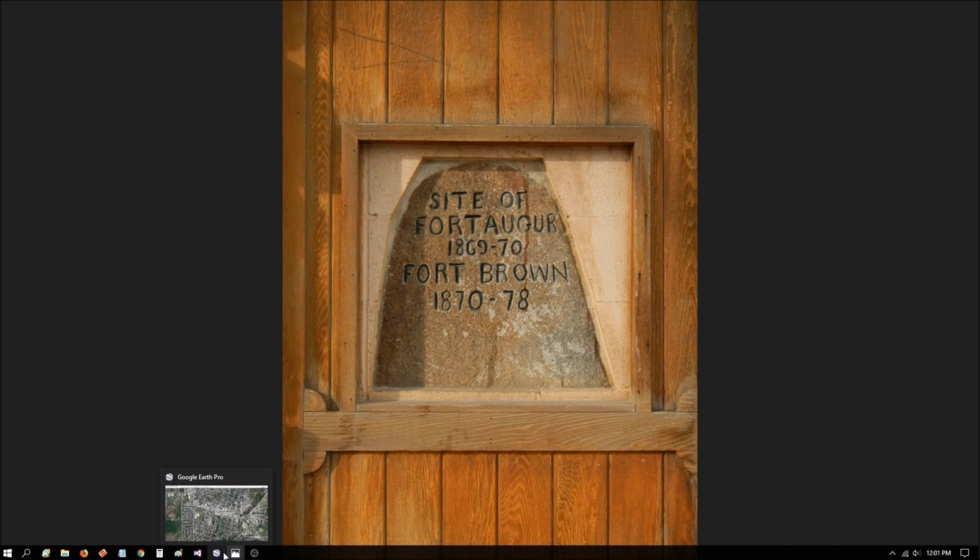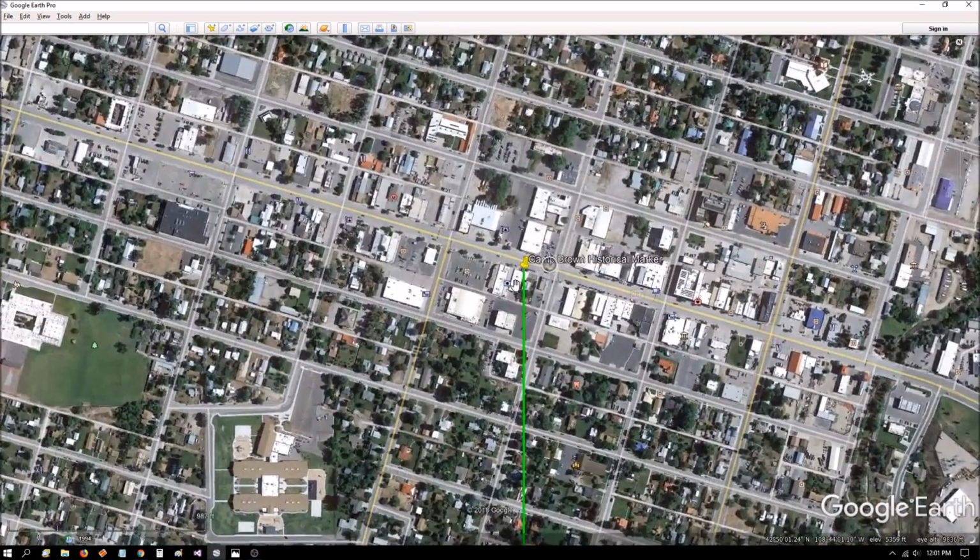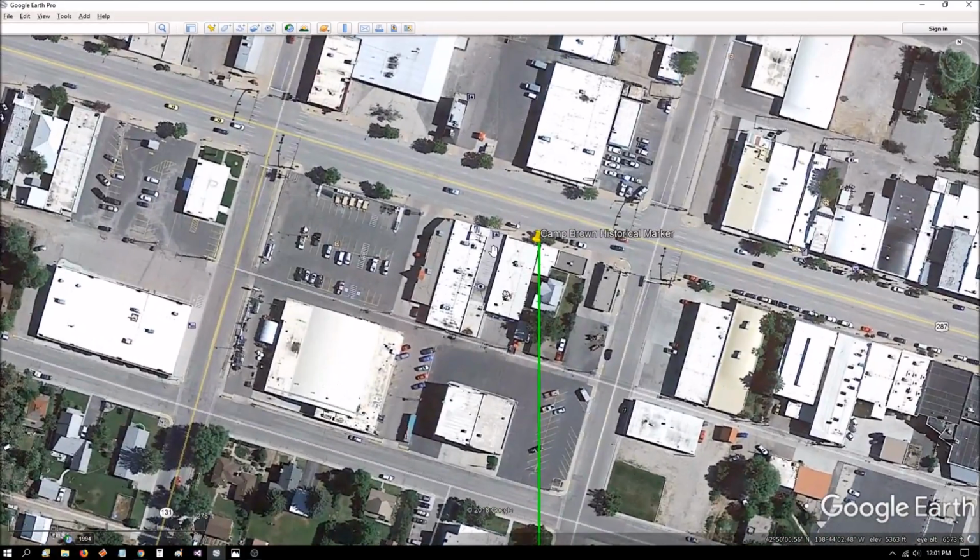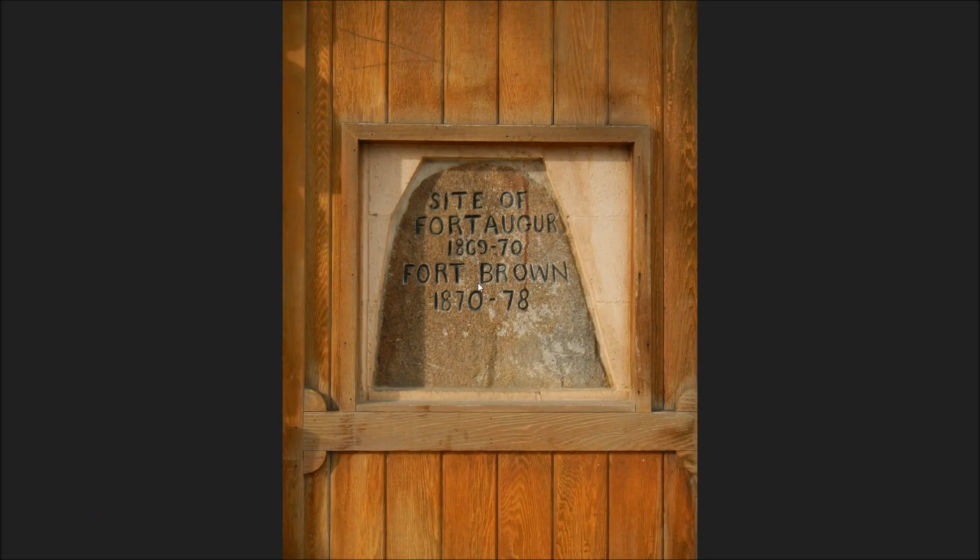Anyway, if you look, this is actually a college here, okay? College offices. This is a pharmacy, and right where I put this marker is exactly where that thing is. It's actually embedded in the wall of the college, and it marks the exact location of where the fort was back in the day.